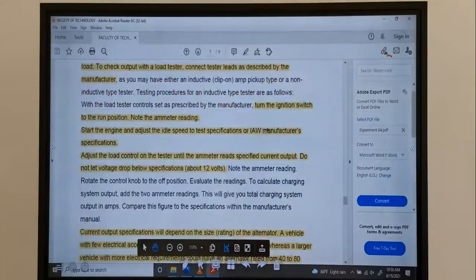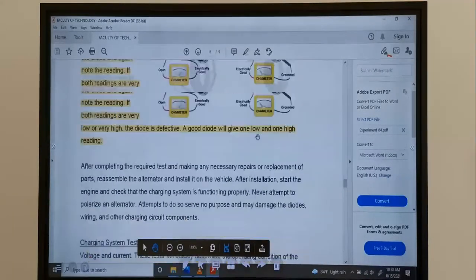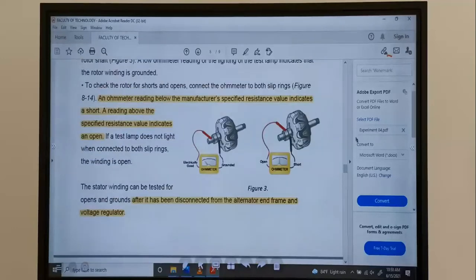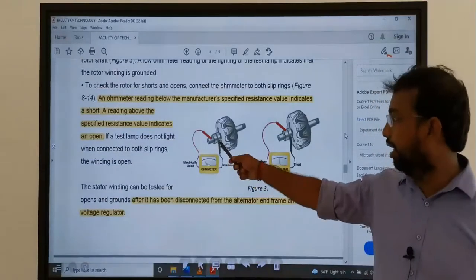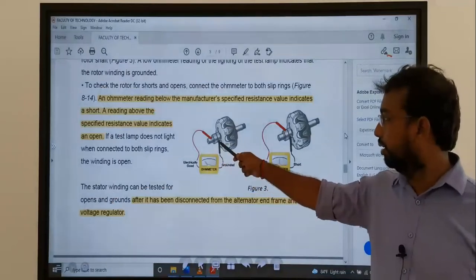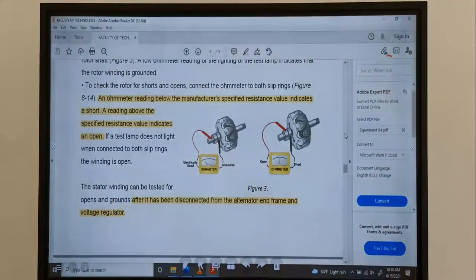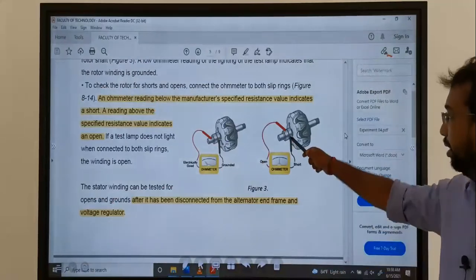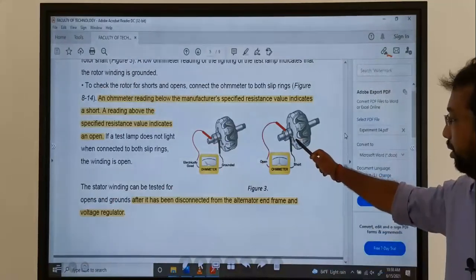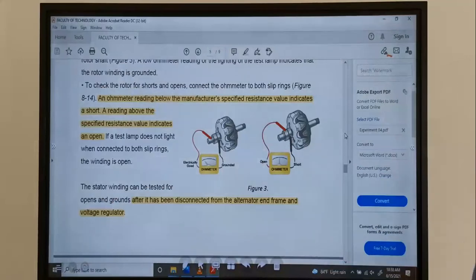That means the rotor test. First we check the slip rings. One is the slip rings, another is the rotor, and we check the ohm meter value. Then we get the ohm meter value for both slip rings.